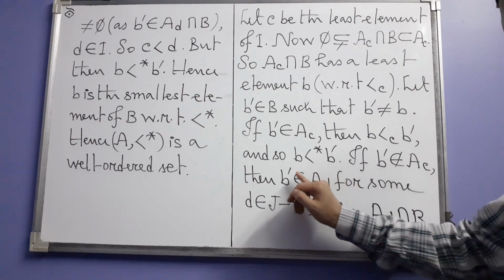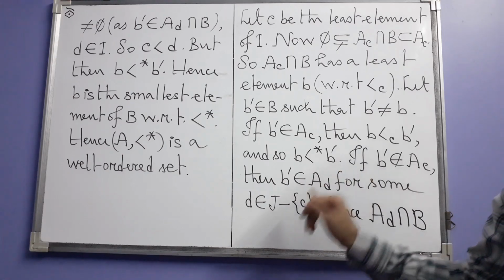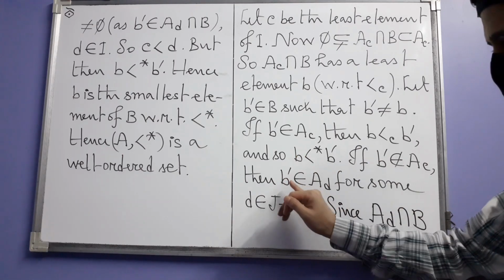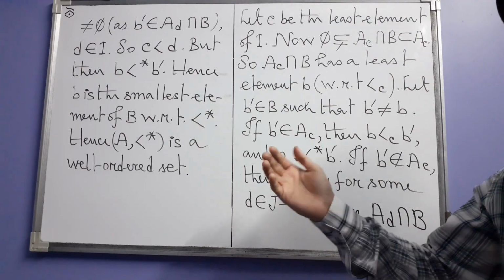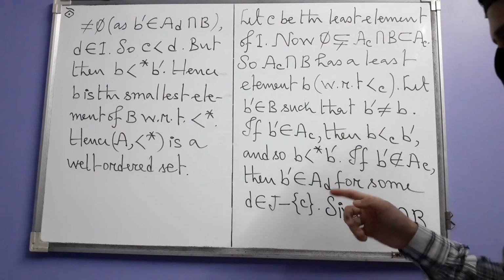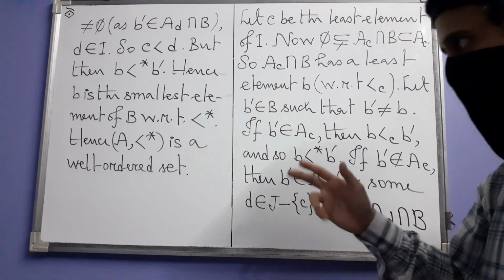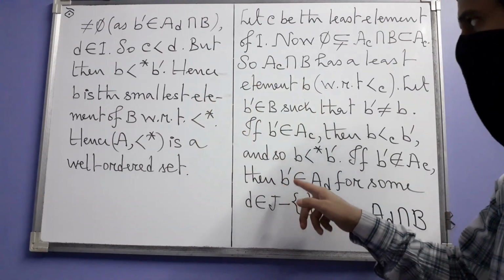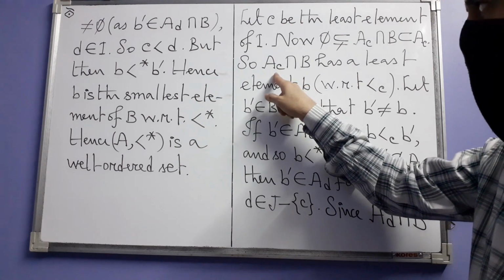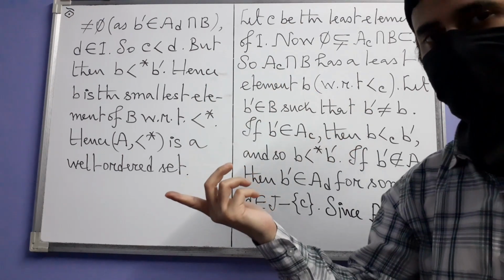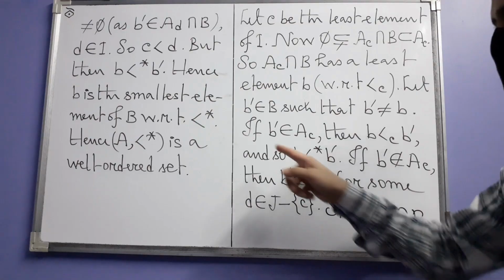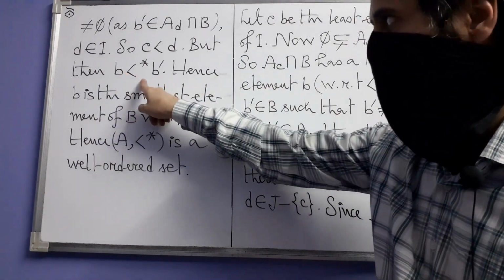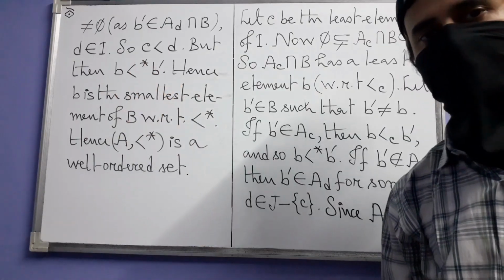So the element that belongs to that set with larger index, which is in this case b prime, will be the larger element. The other element in this case is b, which belongs to AC, where the index C is smaller than D. So by that second condition in the definition of this, b is less than b prime with respect to this.